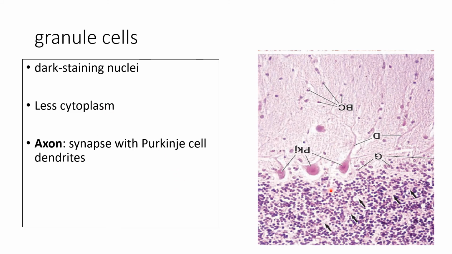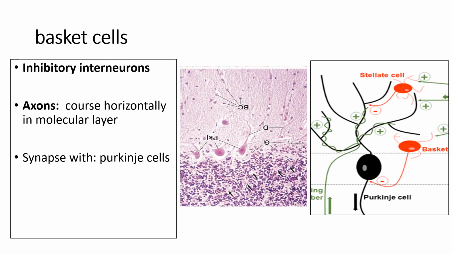Granule cells have dark staining nuclei with less cytoplasm, and they synapse with the dendrites of the Purkinje cells. Basket cells, as you've seen, are present just deeper to the Purkinje cells, in the deep part of the molecular layer, and they course horizontally and synapse with the Purkinje cells.